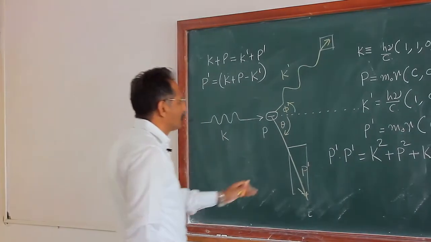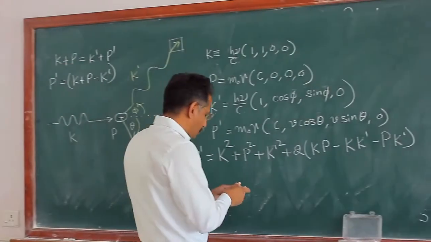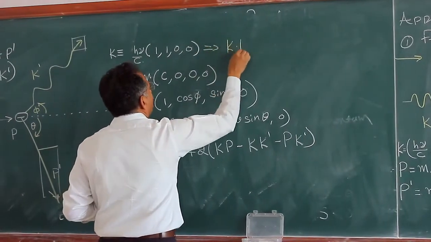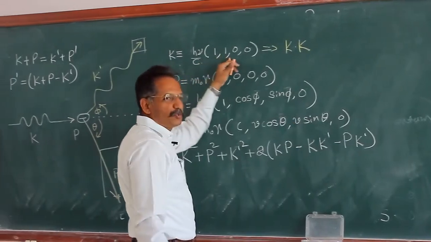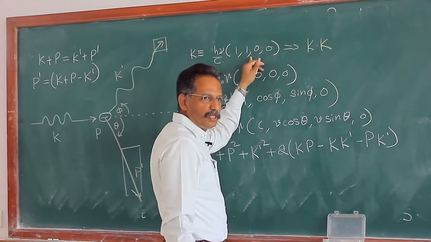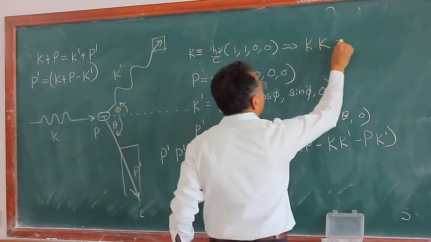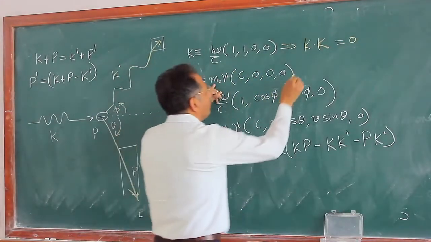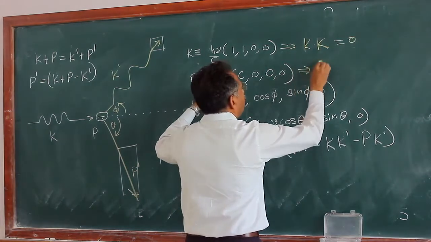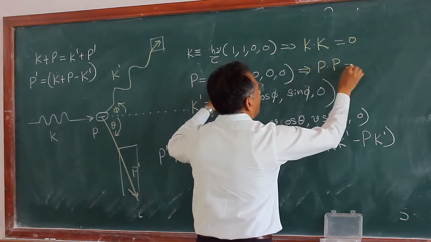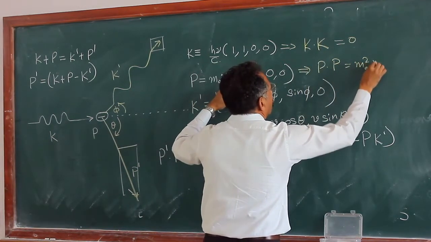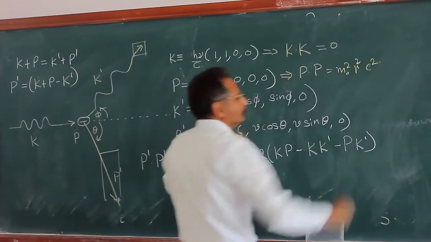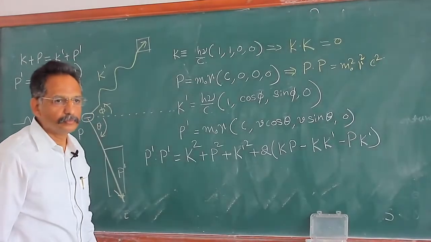Now here we have to understand this, we shall work out these squares. K dot k, 1 minus 1 will be 0 multiplied by anything. That won't make any difference. Then here p dot p will be m0 square gamma square c square minus 0.